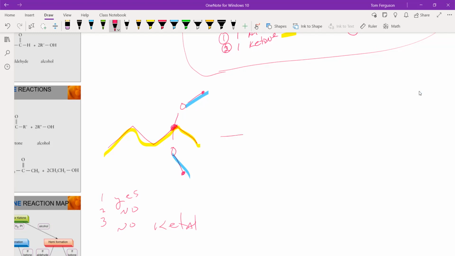Okay, so now because it's a ketal, we're going to end up with 2 alcohols, 2 methanol, and a backbone ketone. Then here's our backbone.